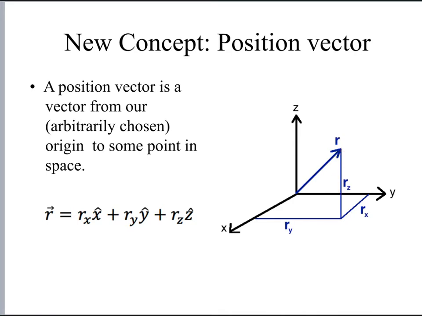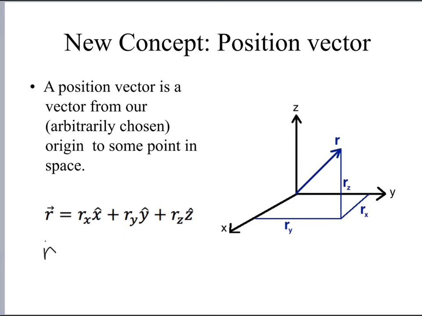And so the components of this vector are rx for the x component, ry for the y component, and rz for the z component. And of course, we know how to write that out in component form. The r vector is rx in the x hat direction, plus ry in the y hat direction, plus rz in the z hat direction. So we could, of course, simply put numbers here to represent.